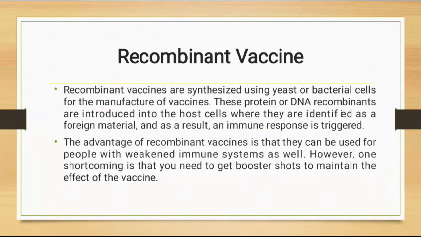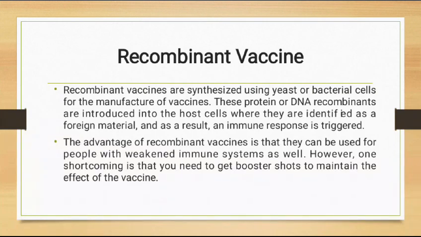Recombinant vaccines are synthesized using yeast or bacterial cells for the manufacture of vaccines. These protein or DNA recombinants are introduced into the host cell where they are identified as a foreign material, and as a result an immune response is triggered.